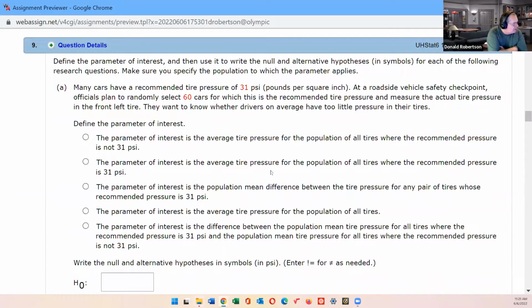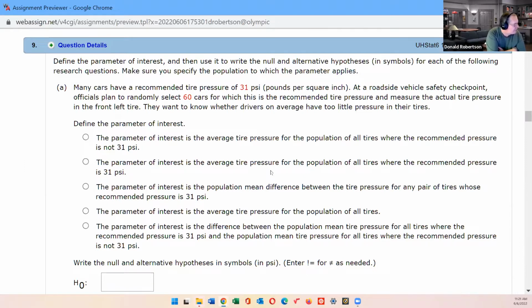Okay. Define the parameter of interest and then use it to write a null and an alternate hypothesis in symbols for each of the following questions. Okay, so here's the first one. Many cars have a recommended tire pressure of 31 psi.